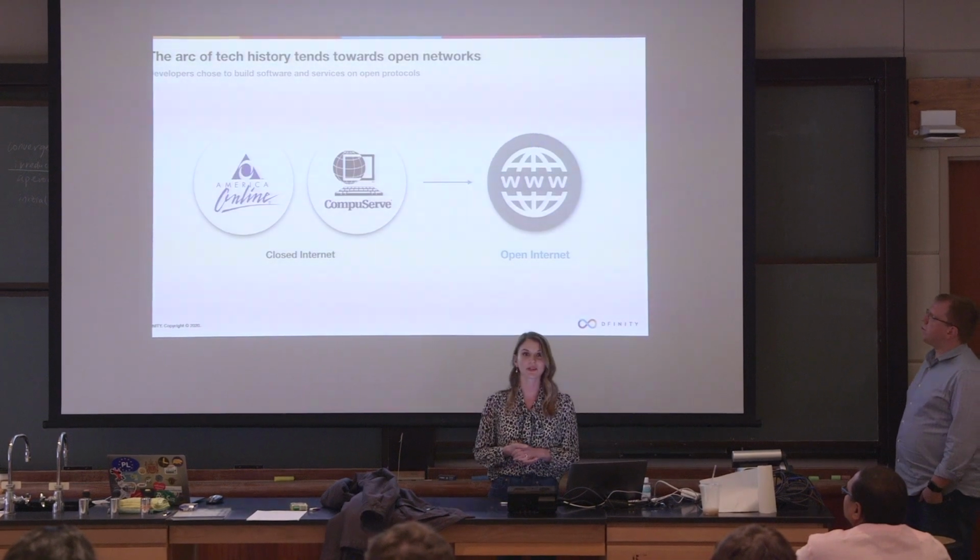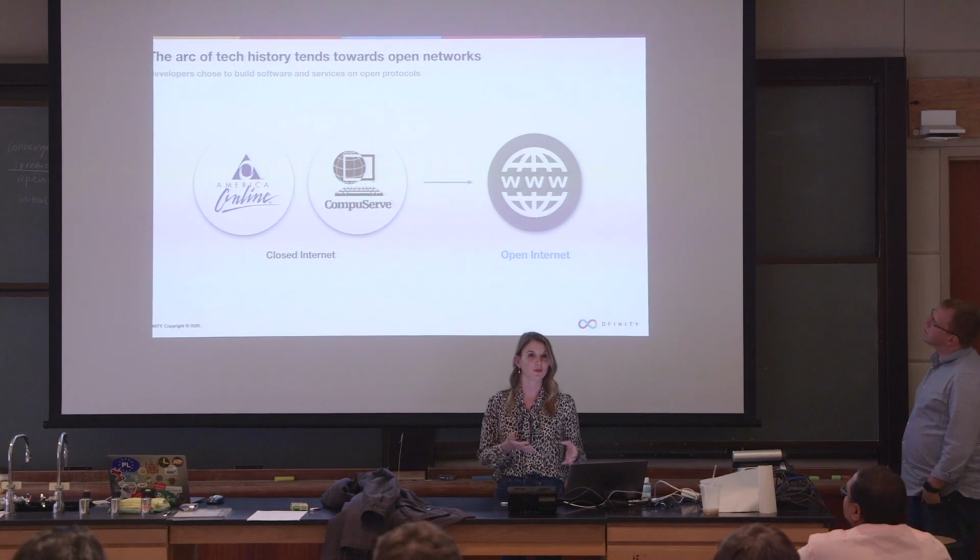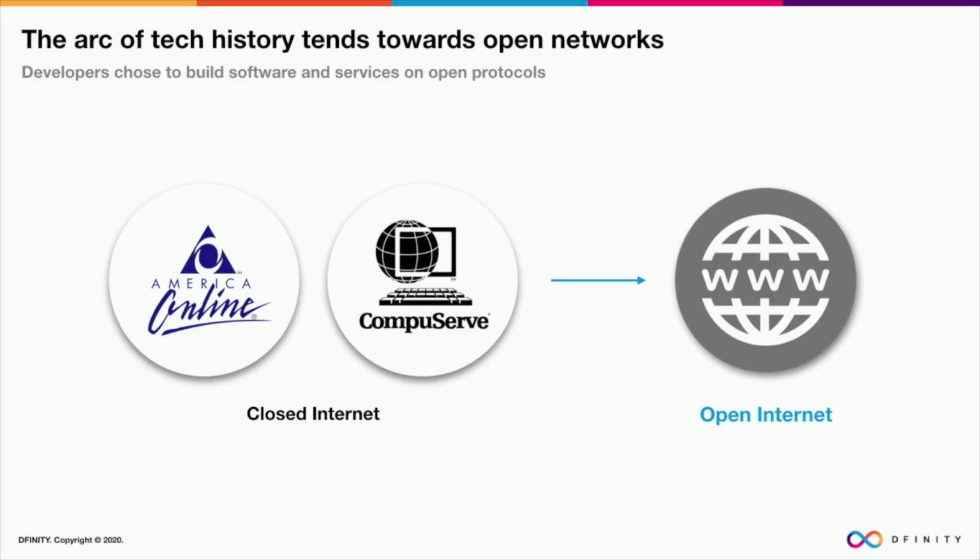So before we start digging into what an internet computer is, it's actually helpful to go back and talk a little bit about the internet and how the internet has evolved over time. So back in the 90s, for-profit companies like AOL and CompuServe actually had the idea that they could close off the internet and charge people for using it and for developing on top of it.